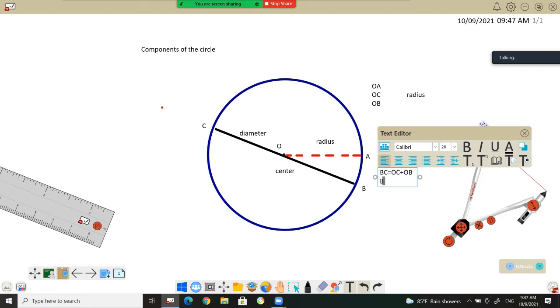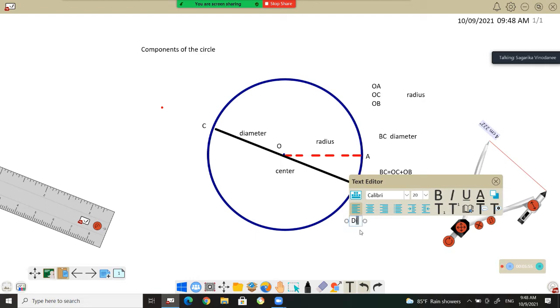Then BC we can write as OC plus OC or OB plus OB. Same thing, because OB and OC are equal. Then BC is defined as twice OC. Capital letters, remember that.